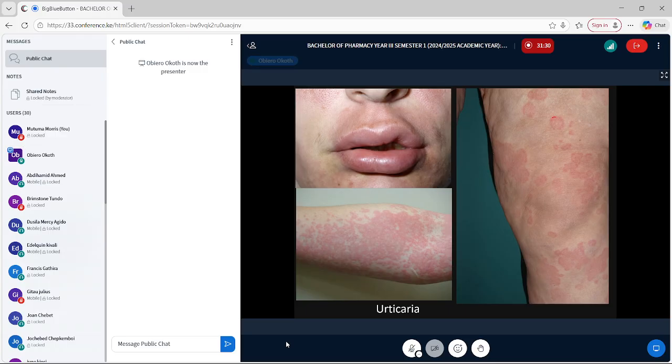Yes, these are wheals, the raised erythematous papules. Sometimes you can have a macule, but they're normally papules because they are raised. Sometimes they can be confluent. This is now confluent. And it occurs very fast. And when you remove the offending condition or the offending drug, this should respond much faster.